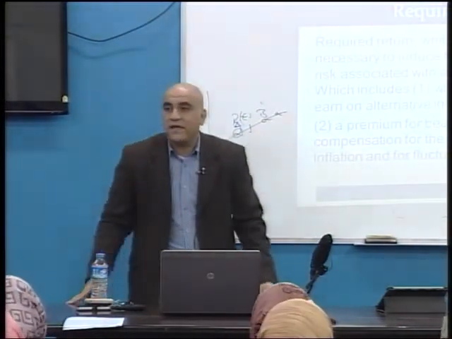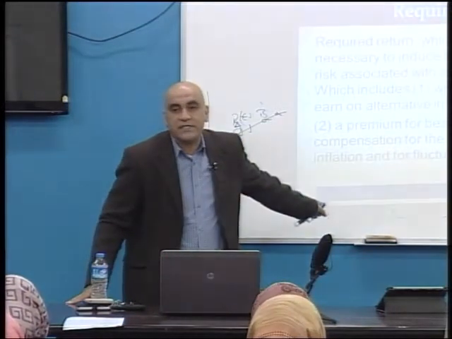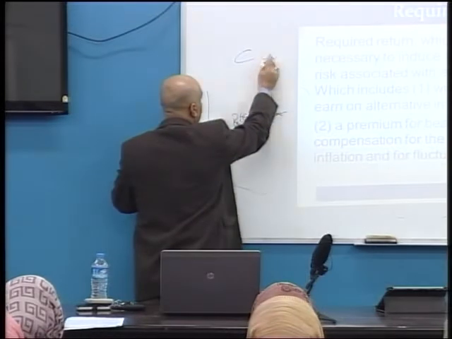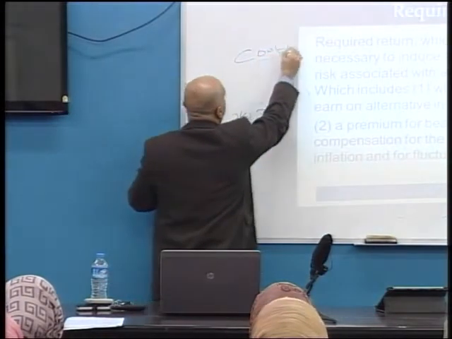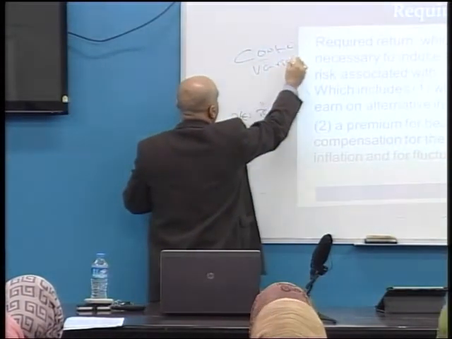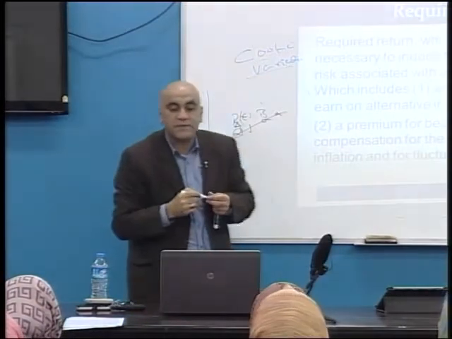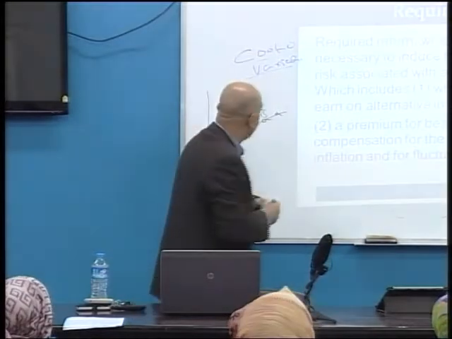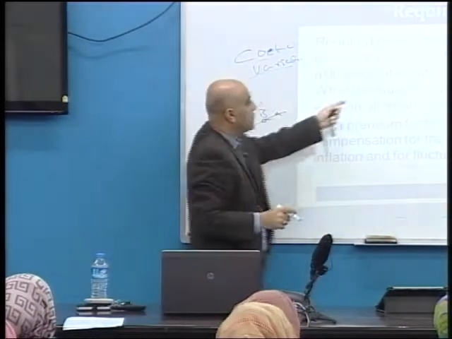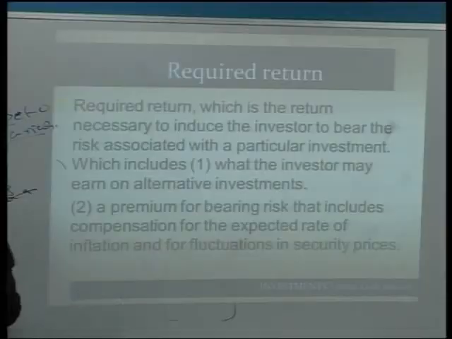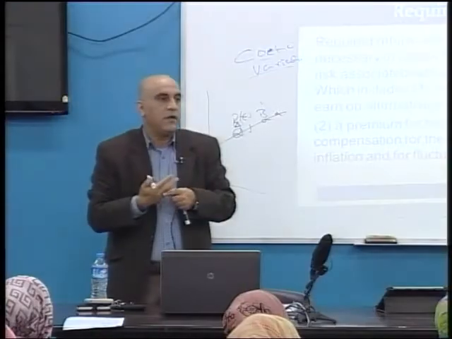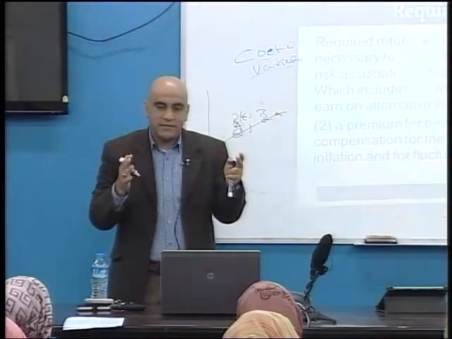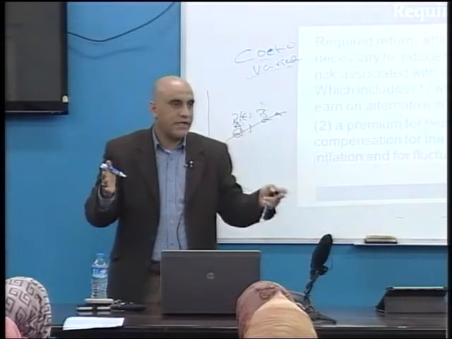But the link between risk and return is important, and they use the CV, or the coefficient of variation. Please write this, because this is not in your textbook. The coefficient of variation. When investors evaluate investment options, they try to look at the risk and return at the same time.